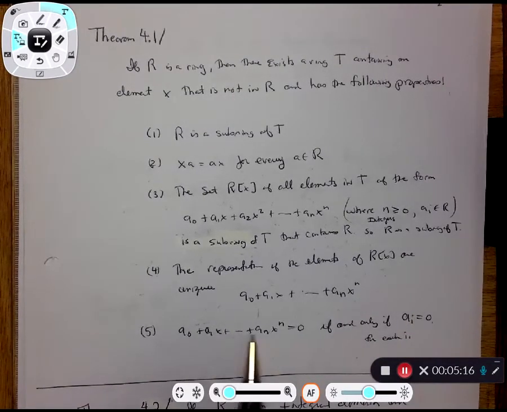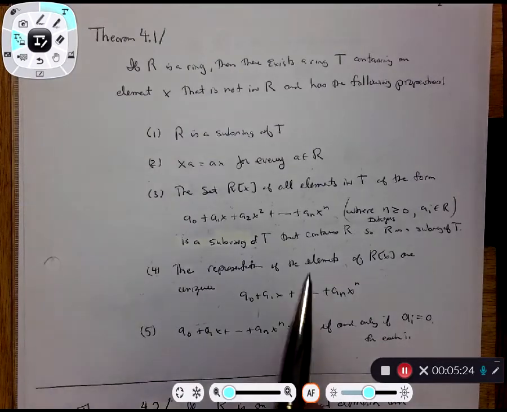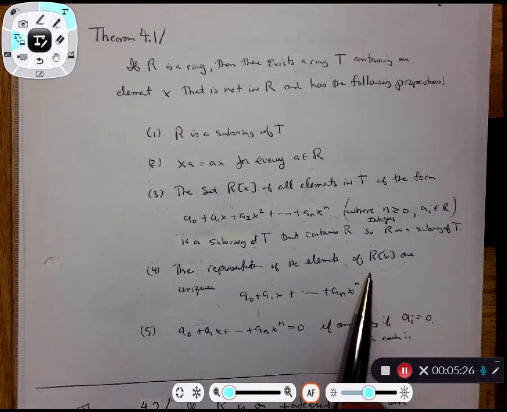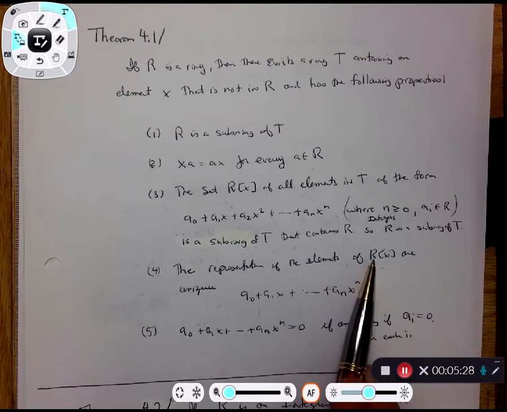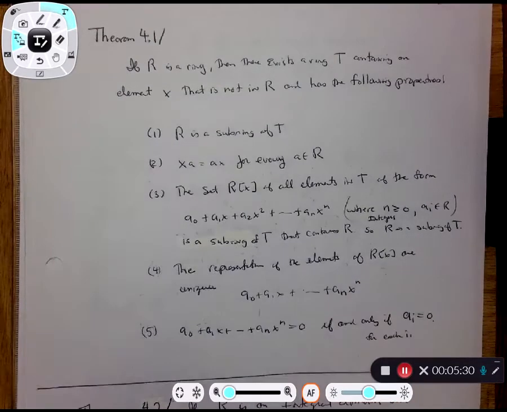So the coefficients have to be 0 for the polynomial to be equal to 0. So we're talking about polynomials here. We're looking at this R adjoined x, and what kind of properties your polynomial rings are going to have depends on what kind of ring R you happen to join to x.